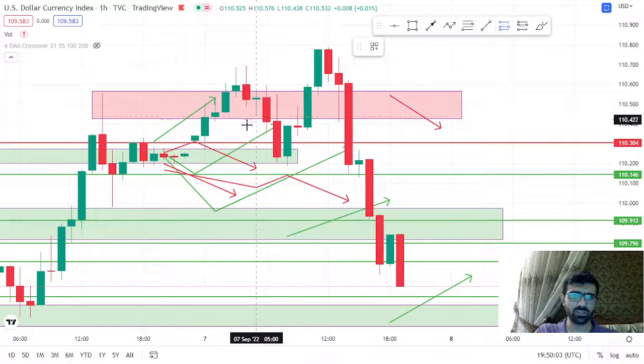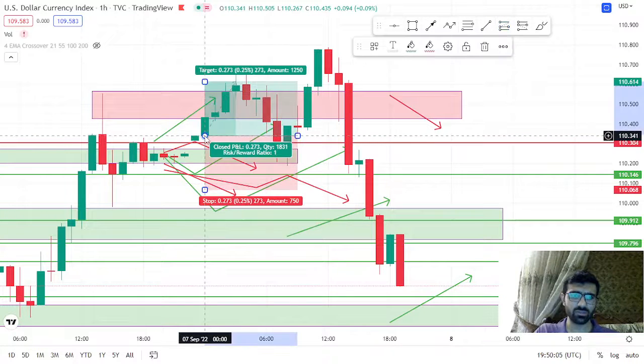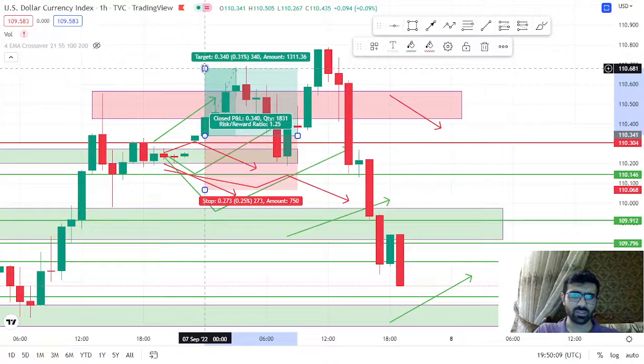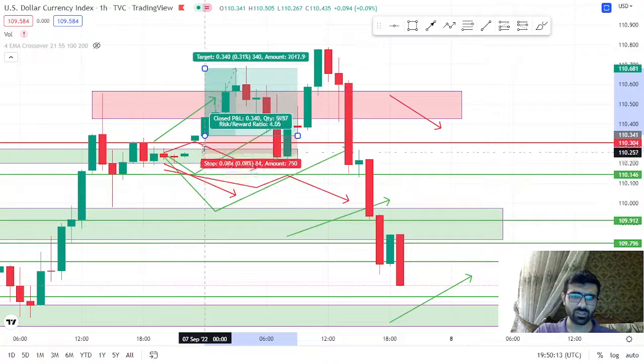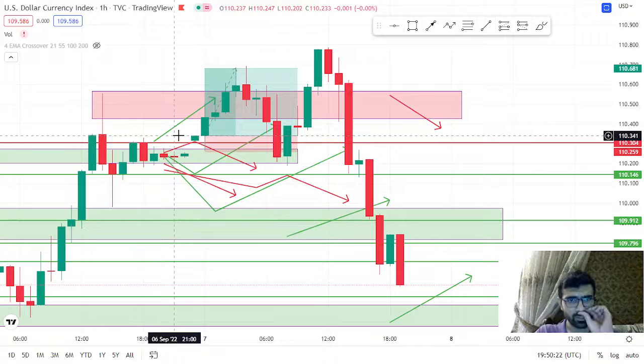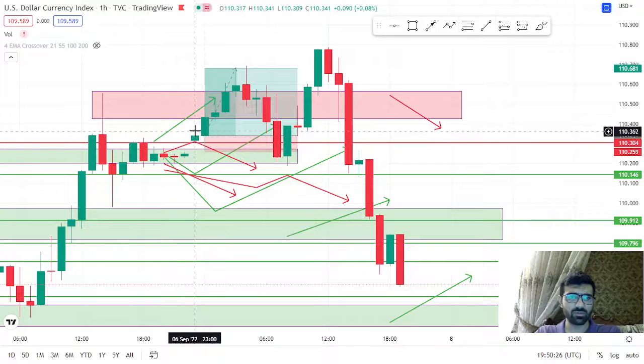Now let us check out the buying scenario. We could have bought from here, and our take profit would be this area, and our stop loss would be just below this candle. Okay, this is a 4% profit, but we might have hit our stop loss if we would have entered on the basis of this trade.